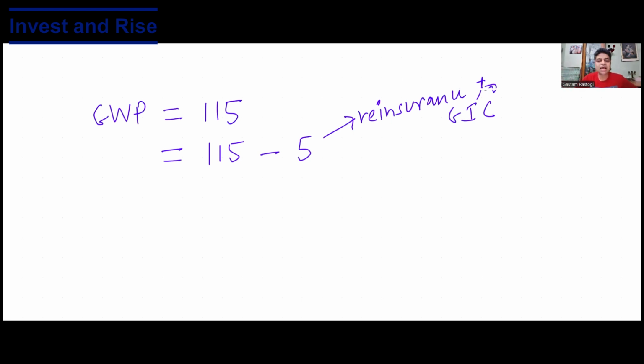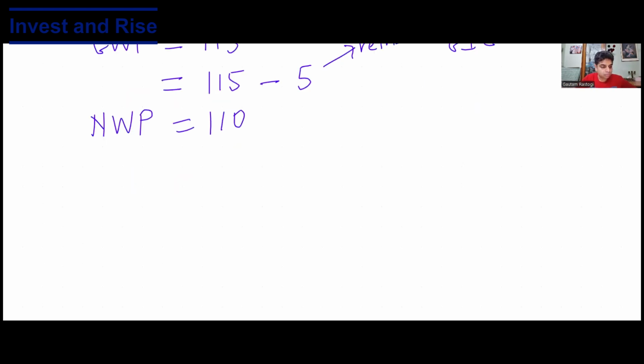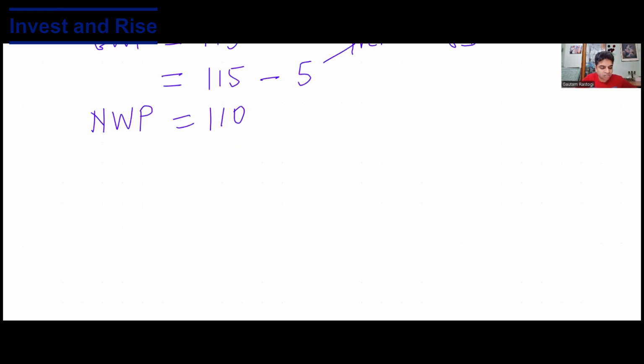Any which ways, they pay out 5 rupees from this 115 to GIC. So what they're left with is 110. Let's call this net written premium. Now, part of the remaining 110 rupees worth of premiums every year are set aside to cover future claim payments.